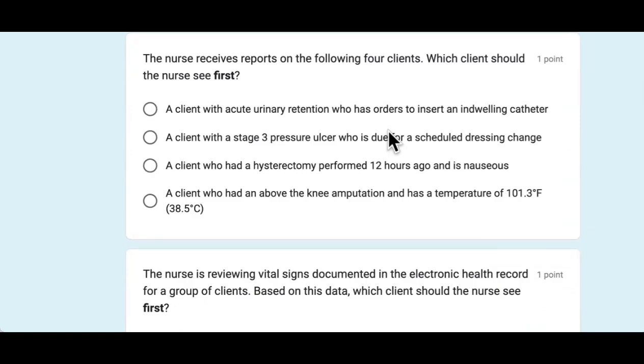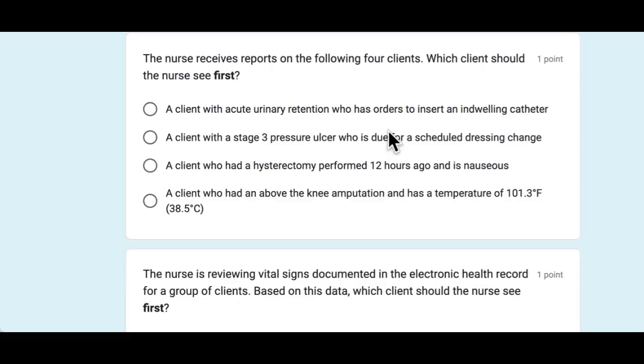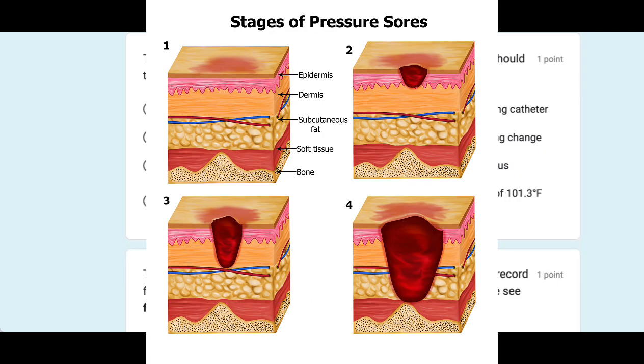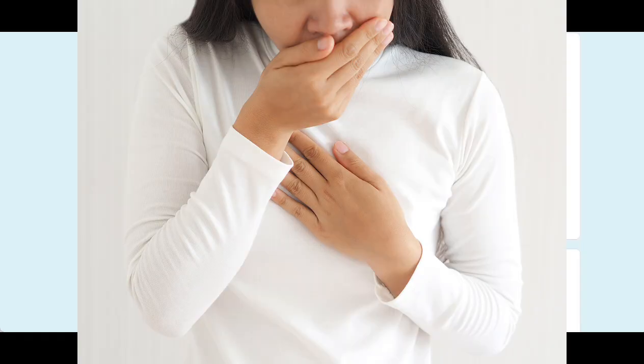A client with acute urinary retention who has orders to insert an indwelling catheter. B, a client with a stage 3 pressure ulcer who is due for a scheduled dressing change. C, or 3, a client who had a hysterectomy performed 12 hours ago and is nauseous.